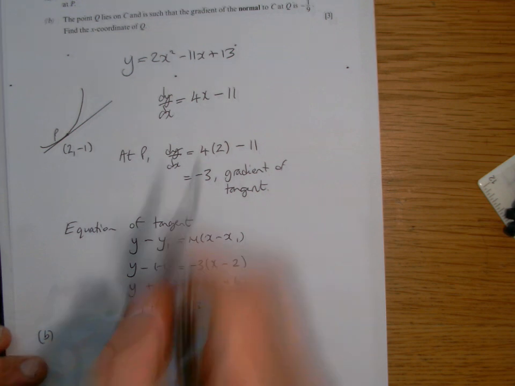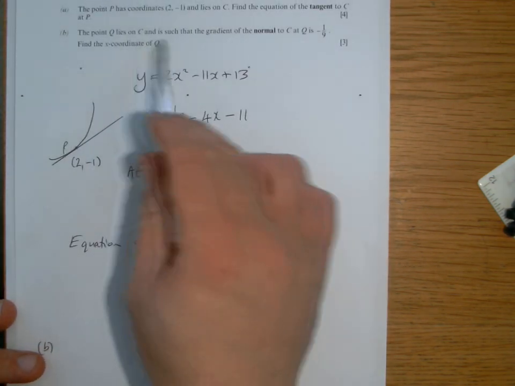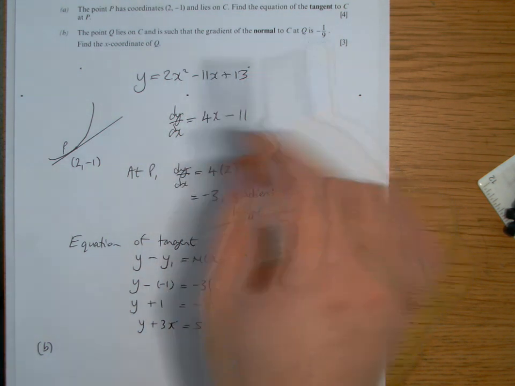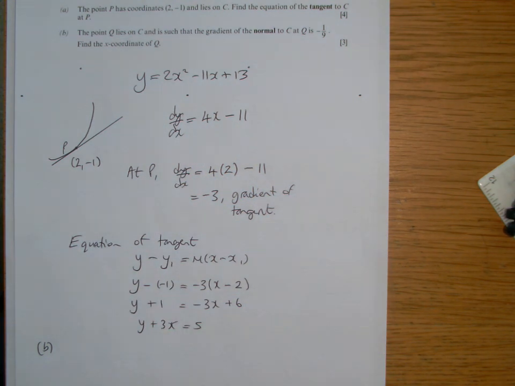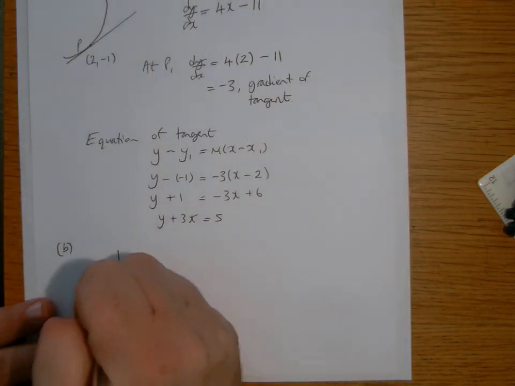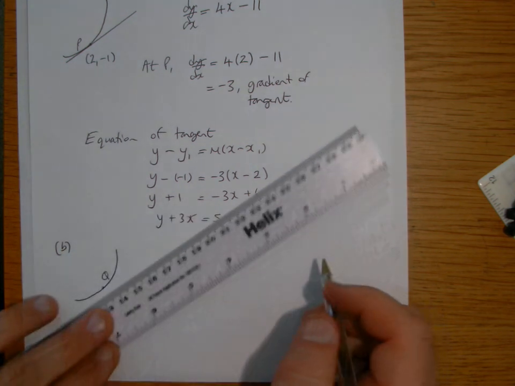In part B, they say the point Q lies on the curve C and is such that the gradient of the normal to C at Q is minus 1/9. Find the x coordinate of Q. So again, a little sketch will help. So suppose we've got this point Q, and they are talking about the normal.